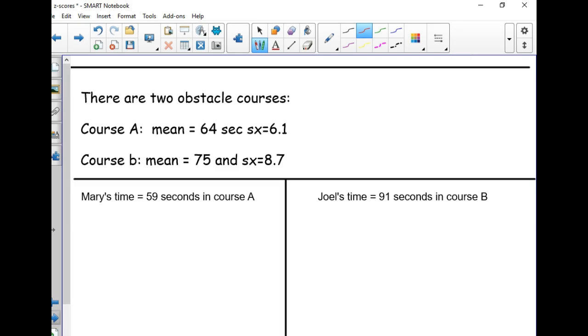Okay, last one here. There are 2 obstacle courses. Please write this down. Course A, the mean is 64 seconds with a standard deviation of 6.1 seconds. Course B, the mean is 75 seconds with a standard deviation of 8.7 seconds.